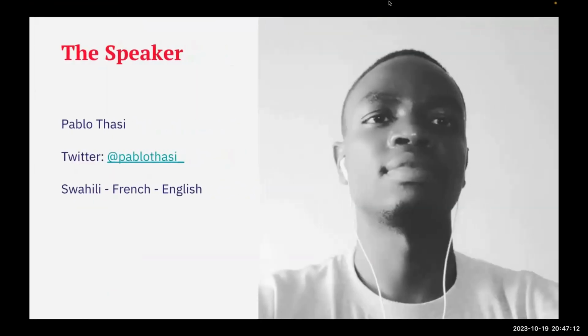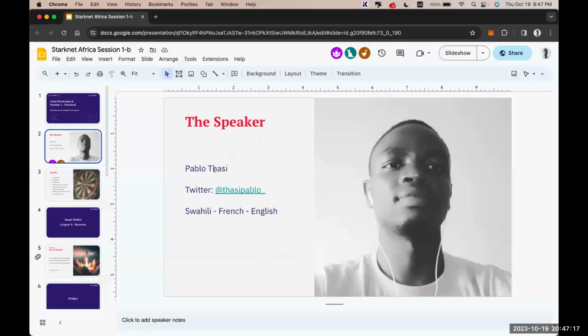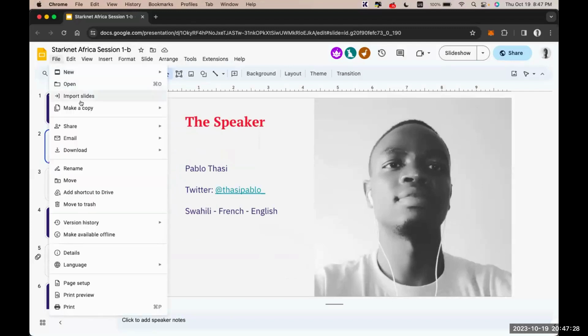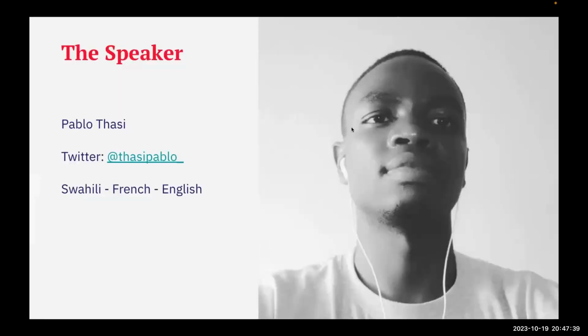Great. So here for a little introduction: Pablo Tosi, I was born and am living in DRC. I'm a software engineer at Quantum Vertex. For languages, I speak Swahili, French, and English as my third language.